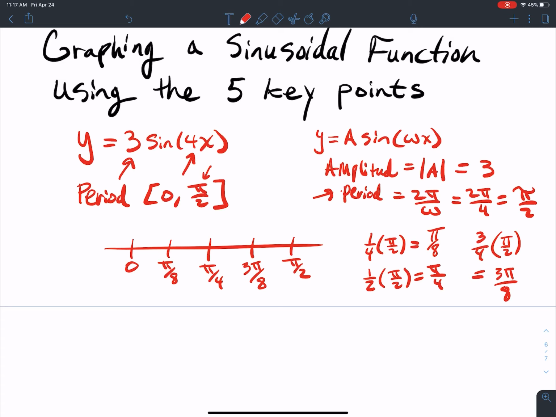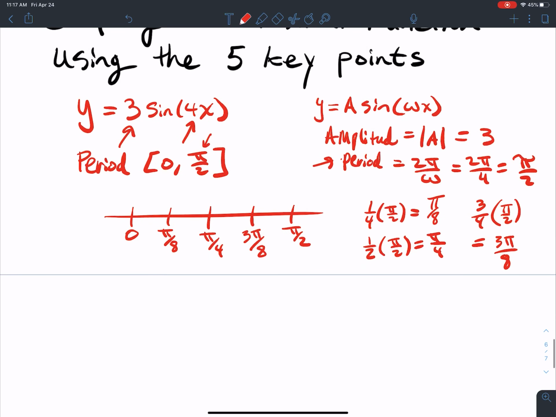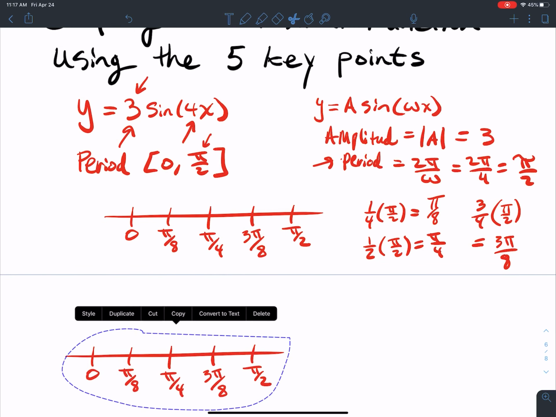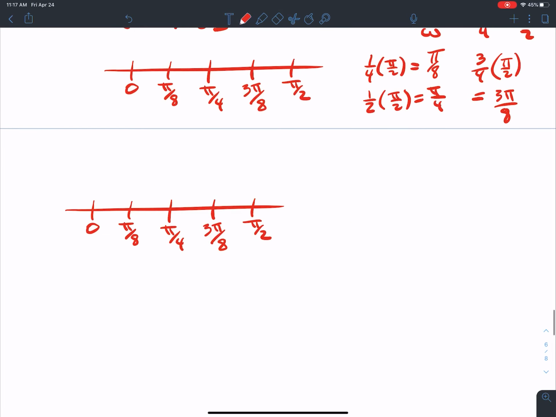Now I need to find the y values. I use my amplitude to help me with that. So let's see if we can graph this. I'm going to duplicate it and bring it down here. With sine, I know that it normally goes to 1 and -1.